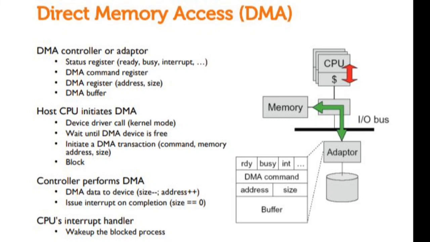The host CPU drives the DMA device: wait until the DMA device is free, initiate the DMA transfer, and block. The controller performs the DMA data transfer to the device and issues an interrupt on completion. The CPU's interrupt handler wakes up the blocked process.